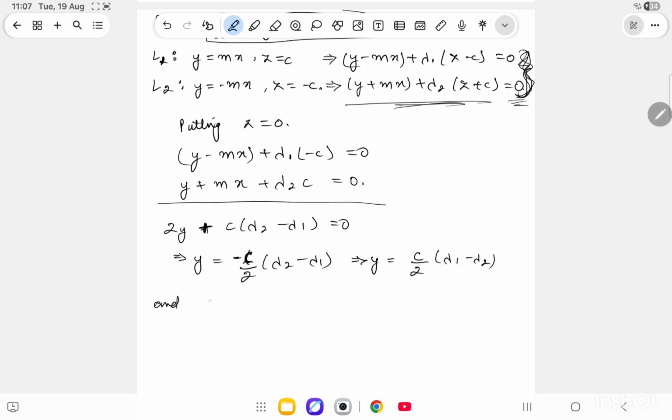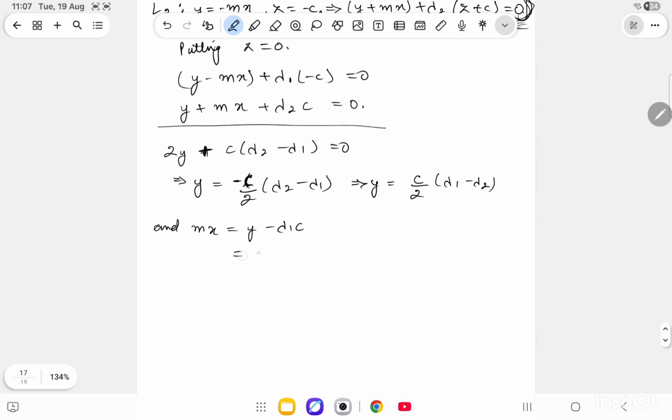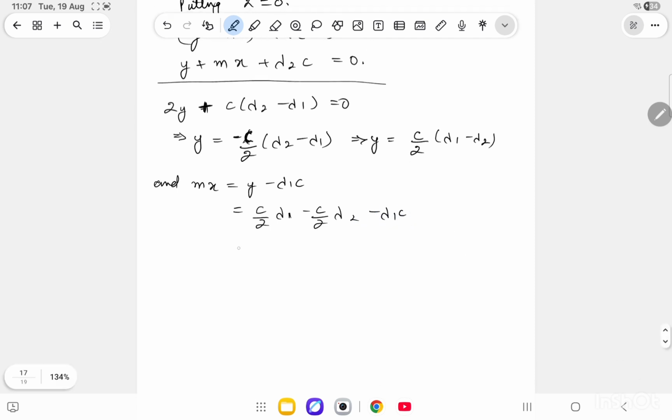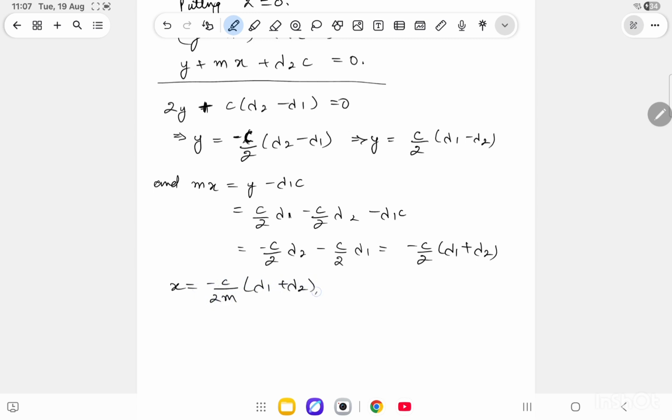If I calculate my x, it will be mx equals y minus lambda 1 c, so it is c by 2 lambda 1 minus lambda 2 minus lambda 1 c, which is minus c by 2 lambda 1 plus lambda 2. So from here I got my x as minus c by 2m lambda 1 plus lambda 2.